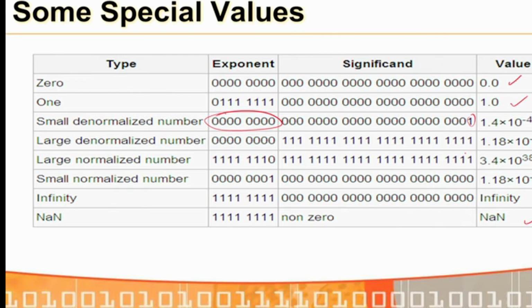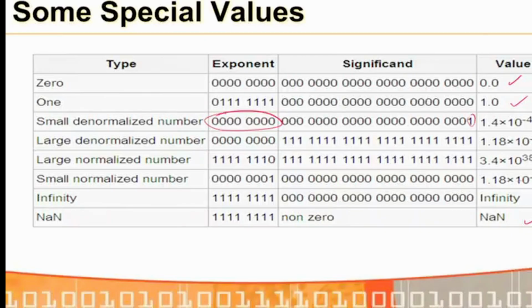I can't express it as 1 point something into 2 power this, because it is outside that 0 to 255 limit in your excess form, either below or above. And similarly, this is the largest normalized number and the smallest normalized number.